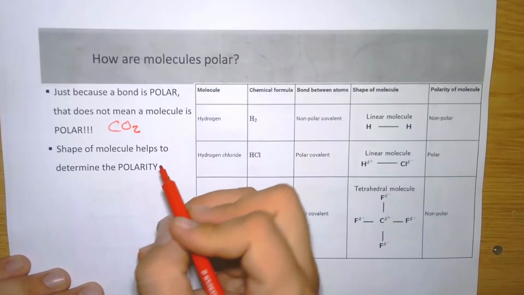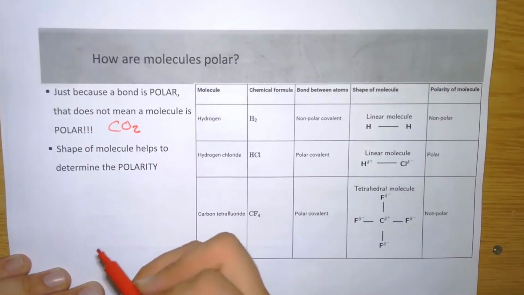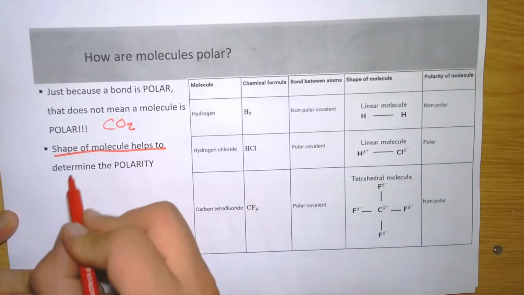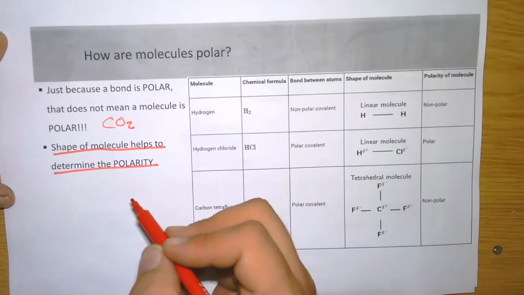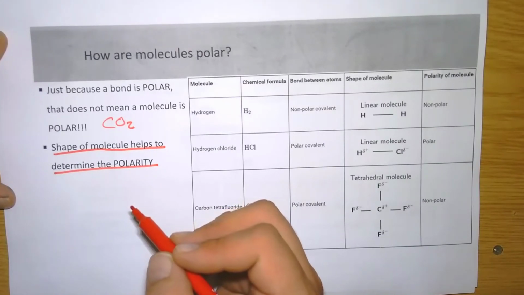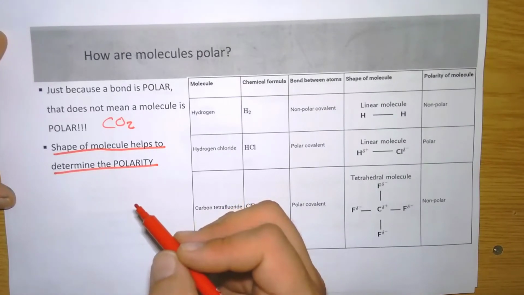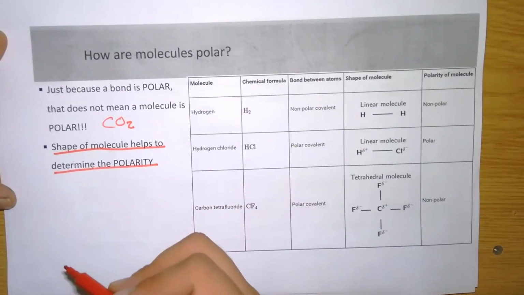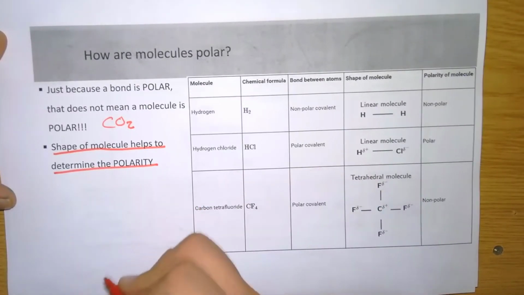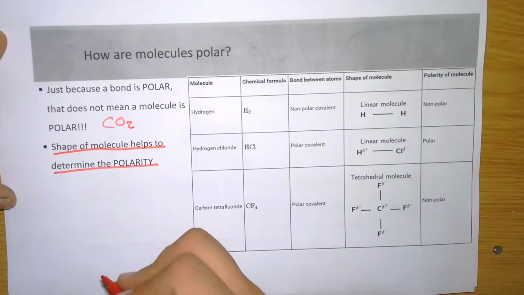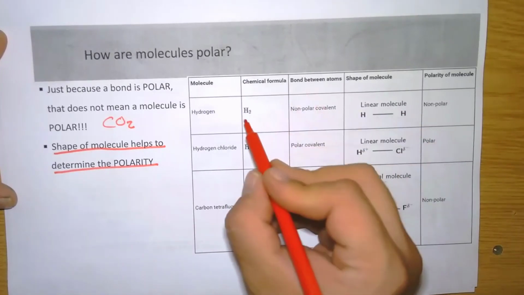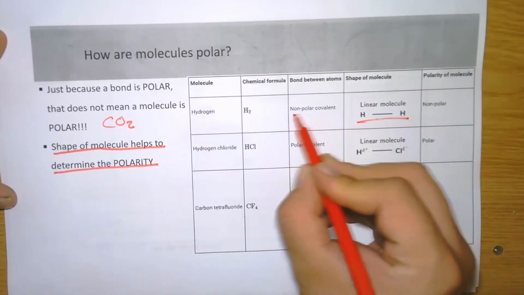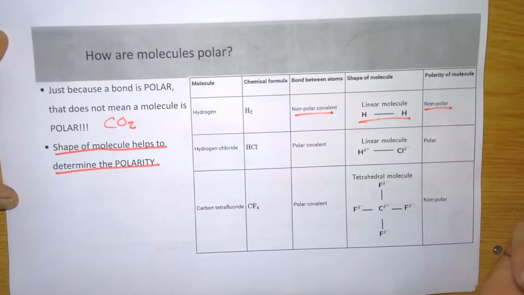And very importantly, the shape of the molecule helps to determine the actual polarity, and that's where we learned about those ideal shapes in the previous chapter, and it is important that we take a look at them again. And I think in the next video we will quickly revise molecular shapes so that we do not get confused with those.